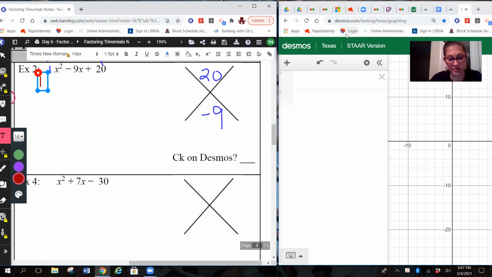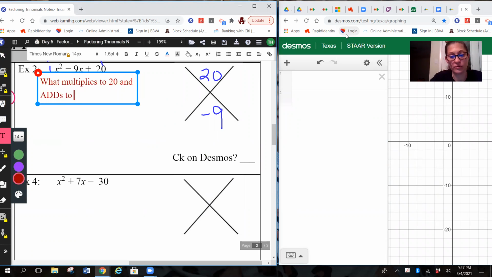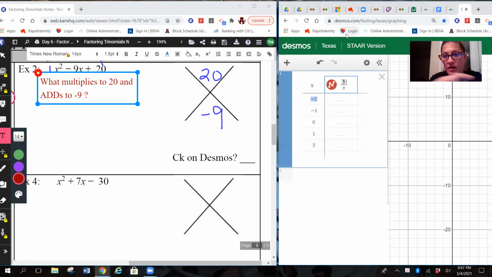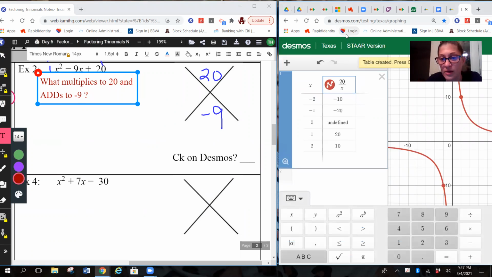So the question is, what multiplies to 20 and adds to -9? That's our goal. So we will type in y equals 20 divided by x. I will click on that thing. I will turn it into a table.